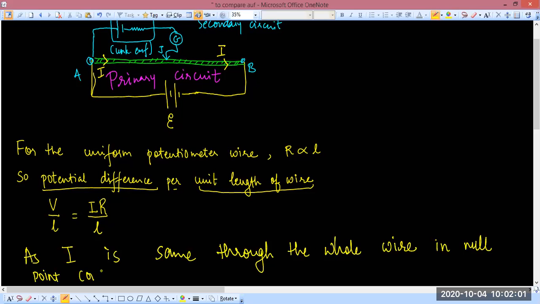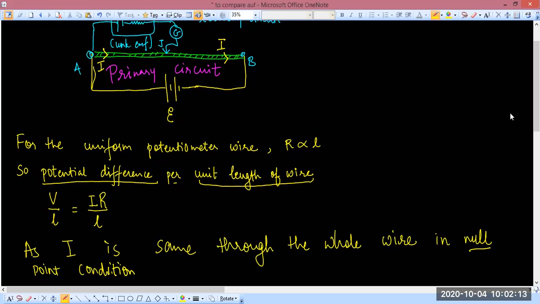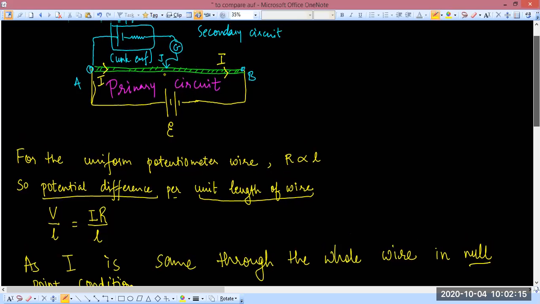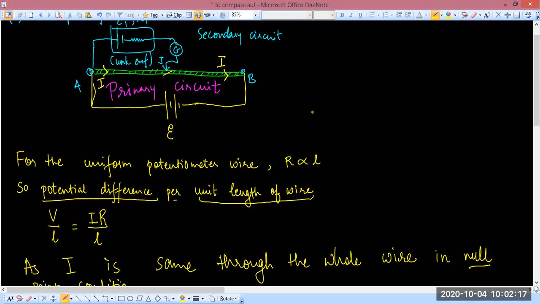Okay, what is the meaning of null point condition? Do you remember? What is the meaning of null point? This is the jockey. If the null point comes here, what will happen? Current in the galvanometer is zero, right?